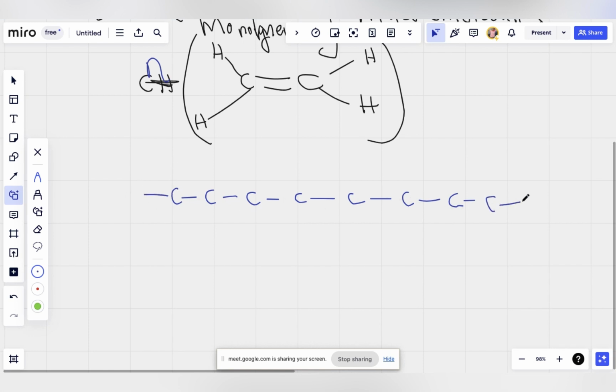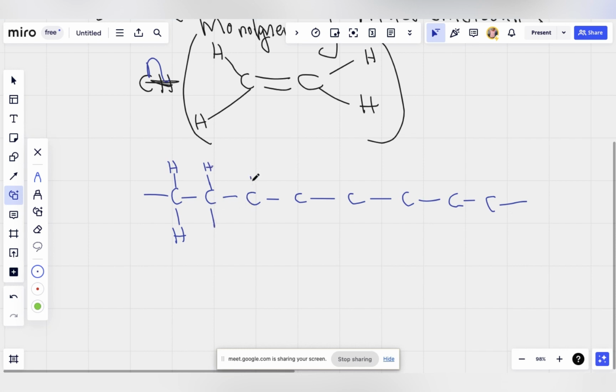Here we have hydrogen bonding, up and down. So carbon bonds with hydrogen covalently, continuously, to form this macromolecule.